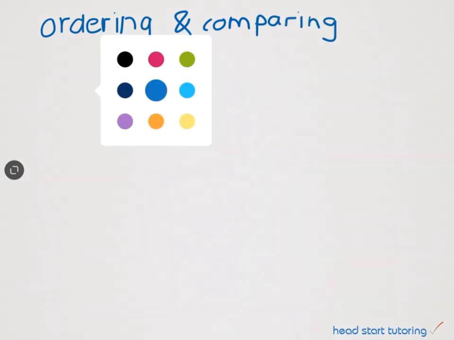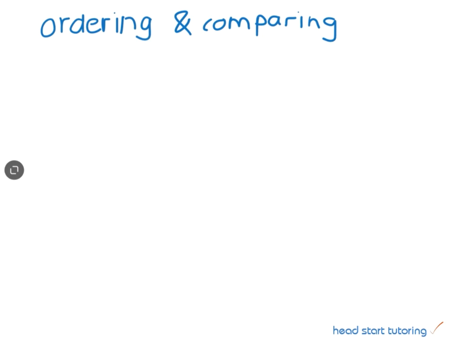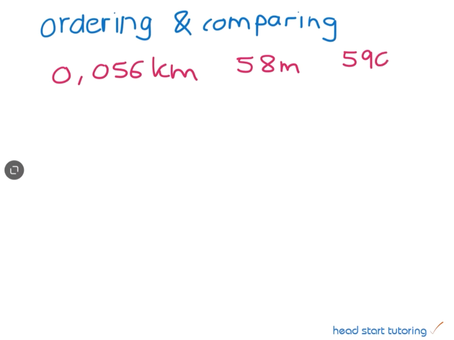When we are ordering and comparing measurements, the most important thing for us to do is to compare measurements that are the same. So if we have got 0,056 kilometers and 58 meters and 5900 centimeters.